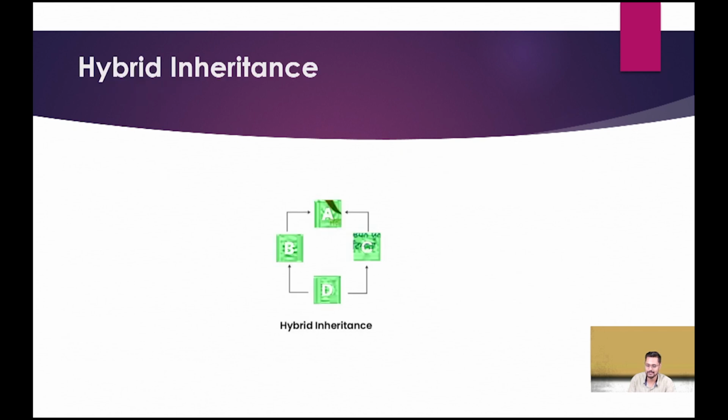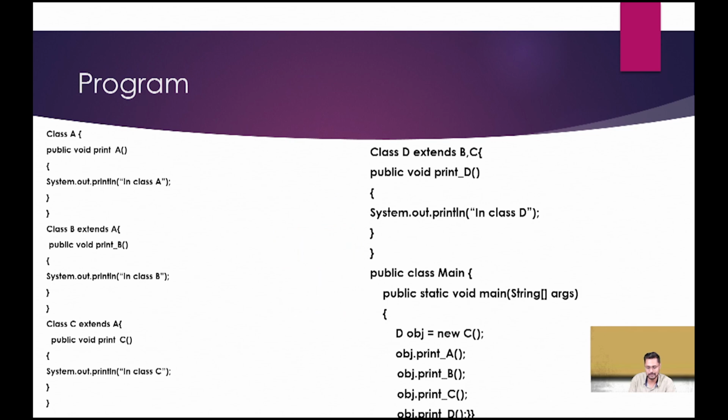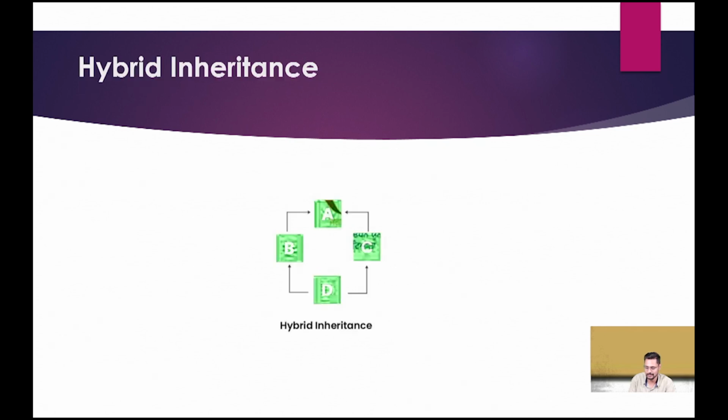And next one is hybrid inheritance. In this case it is a hybrid inheritance and the derived class is only D, right? So D is the child of B and C, and B and C further are children of A. So this is a looping structure, right? So first of all you create the four classes, and the class names are A, B, C and D, right?